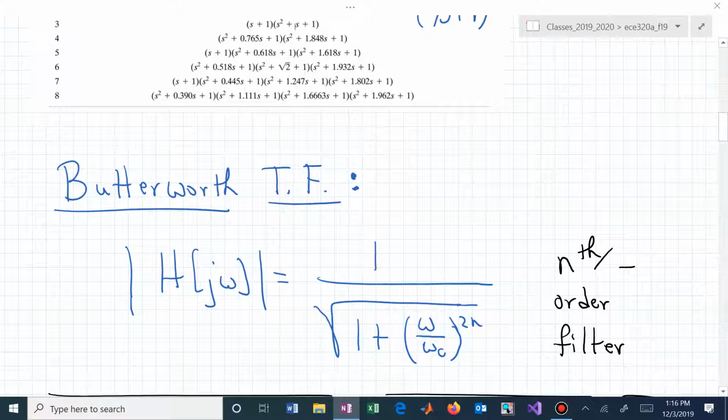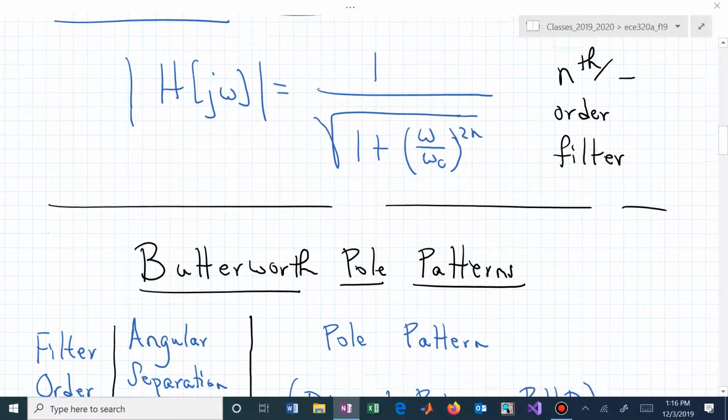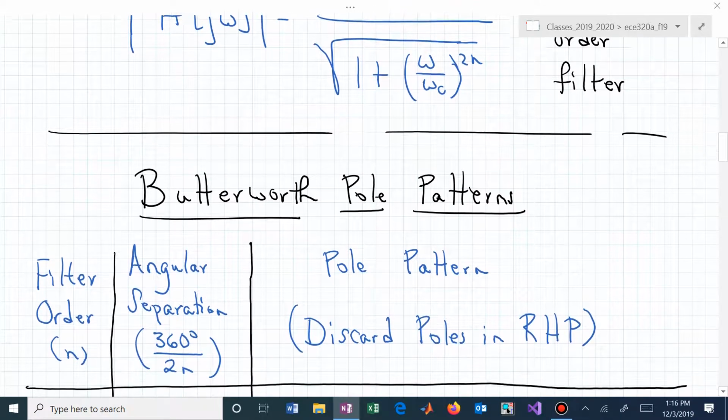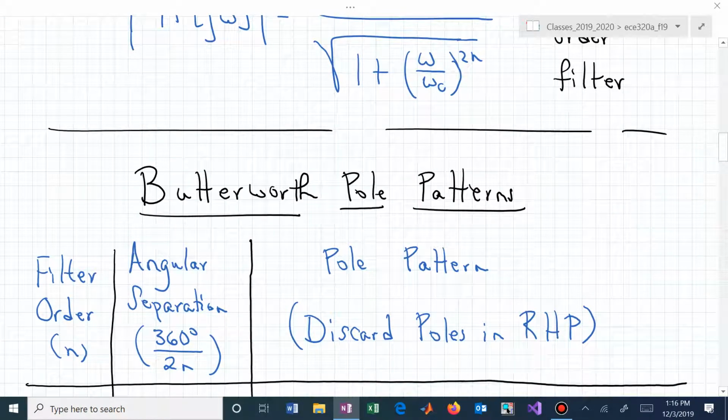So that's the magnitude of our Butterworth low-pass filters for any order n. Here's what that does, or how that translates into their locations in the complex s-plane. We build up another table. We say, okay, the filter order is little n.